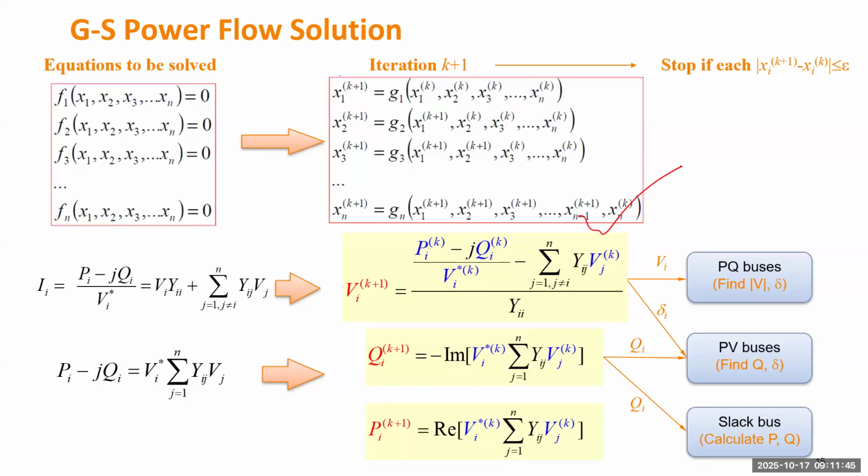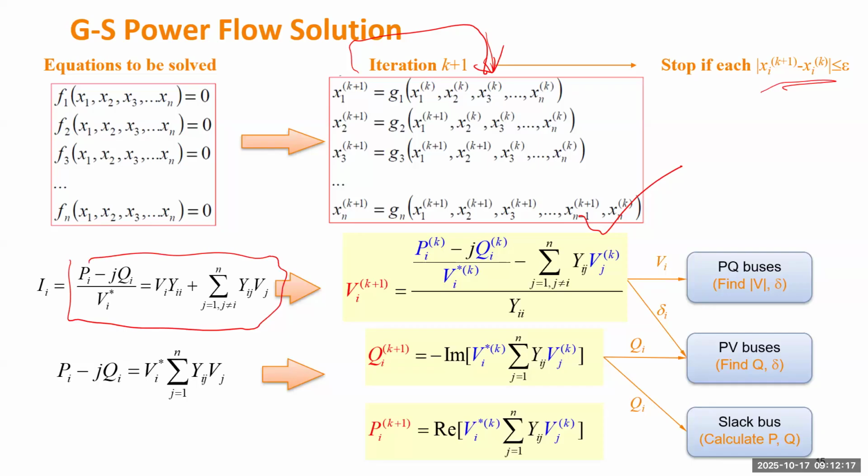You just give some initial estimate for those values, plug in the initial value to the right and calculate the left, and then you just repeat this process until the update on the value of the variable is less than the error tolerance. You stop there.